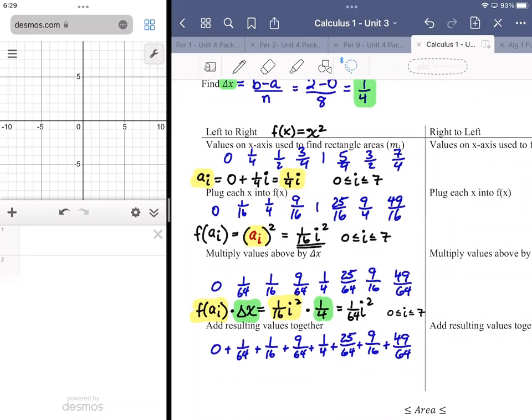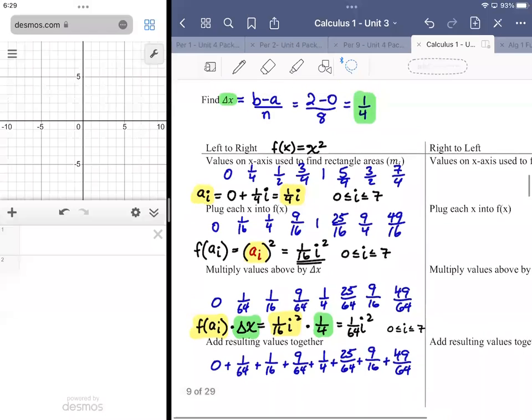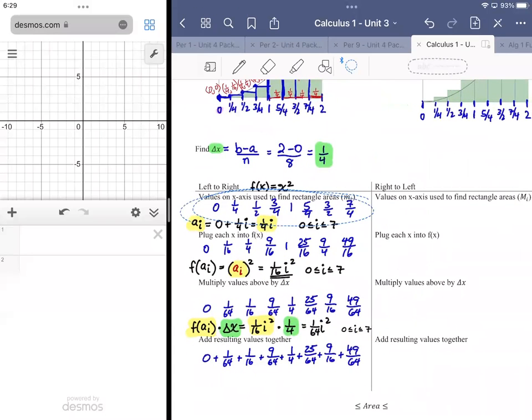The a sub I thing is generalizing this relationship. So what we want to do is come up with a rule that allows us, instead of having to write out each one of these numbers and then plug each one into the function and then multiply each one of those values by delta x, to do it all in one shot.